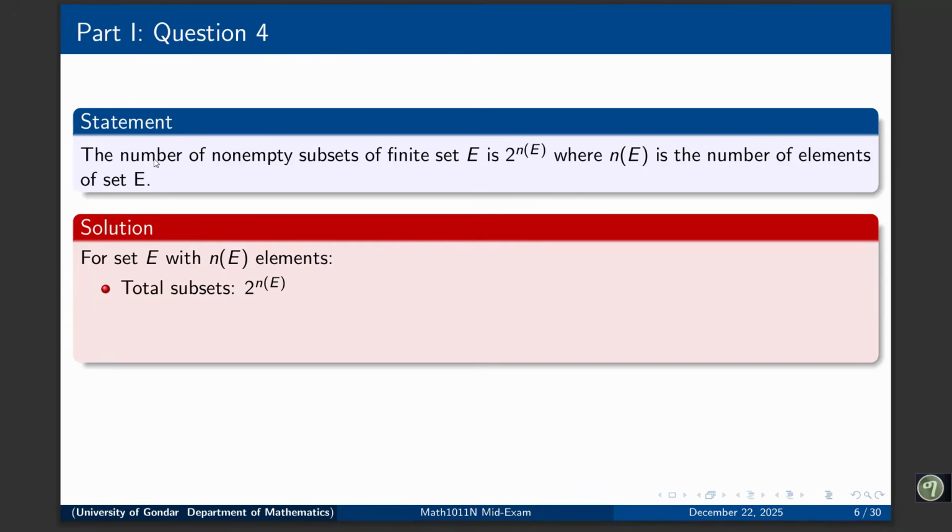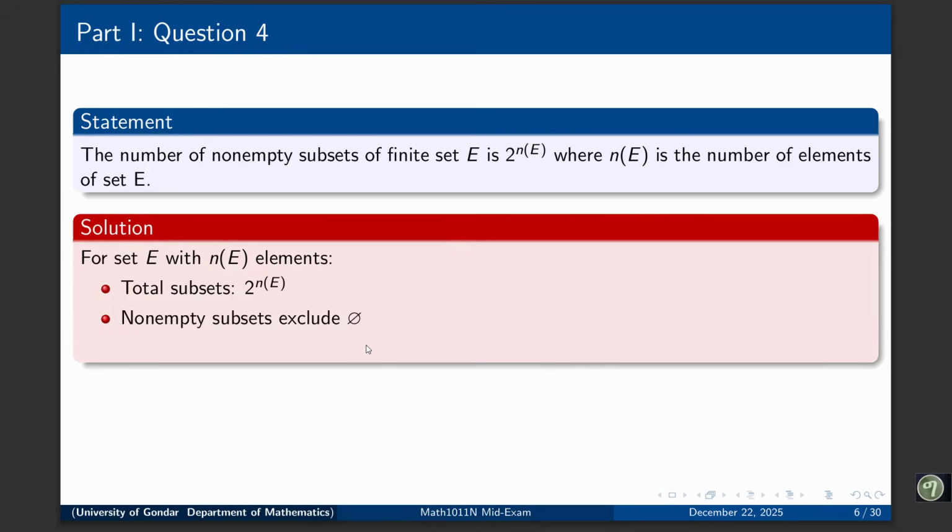But what we are asked here is just to find the number of non-empty subsets of the given set. We know that this formula, 2 to the power of the number of elements of the given set, includes the empty set. But we are asked for the non-empty subsets, so we should exclude the empty set from being considered.